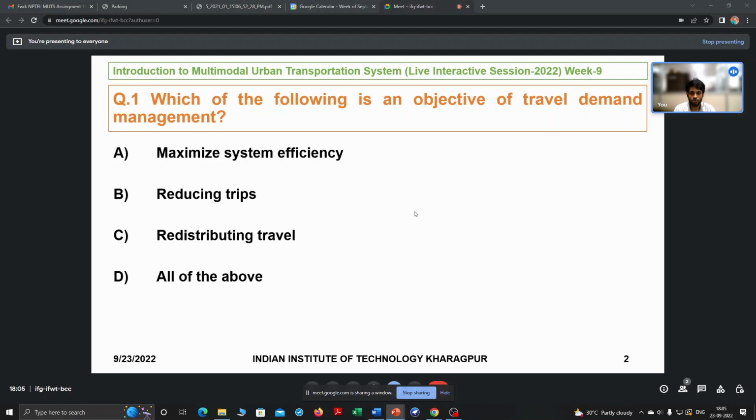Now suppose you introduce policies of different start and end times of work. It is not that everyone goes at 9 and everyone comes back at maybe 6 in the evening. Rather, you have multiple timings for entry and exit.